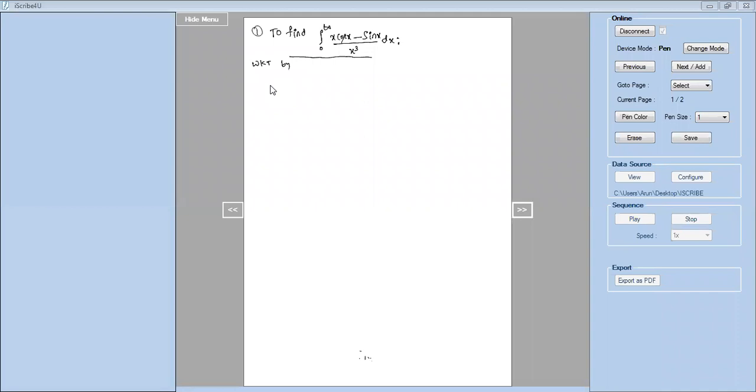By inverse Fourier transform, I can write f of x equals, so what is the inverse Fourier transform formula? 1 by 2 pi integral from minus infinity to plus infinity, F of u into e power minus iux into du. So this is the inverse Fourier transformation formula. So you know what is F of u, let us substitute. F of u we got in the previous step, correct? So this is our F of u.